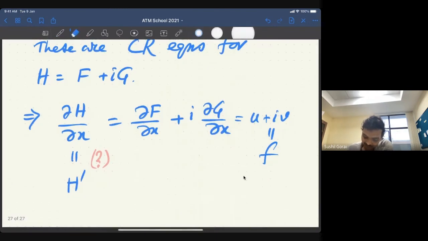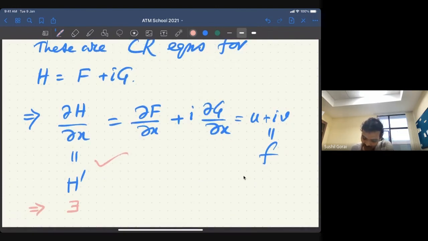So this is correct. This implies there exists H holomorphic, because H prime exists, holomorphic on omega such that H prime is F.